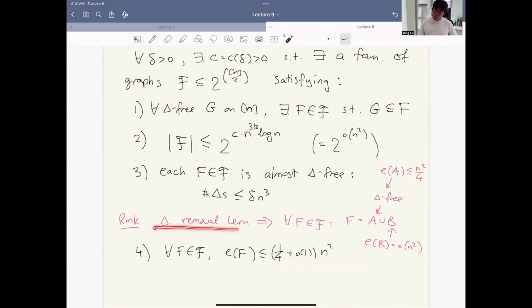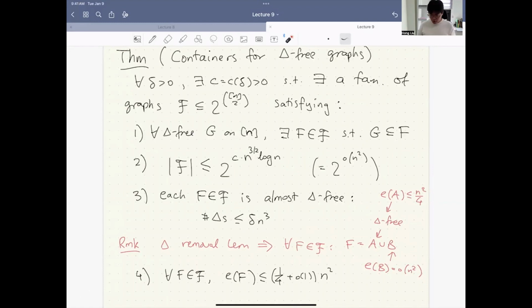If you don't know the removal lemma, I suggest you go back and look up my spring course earlier this year. But for now, you can just take it as a black box: if a graph is almost triangle-free, with little o of n cubed triangles, you can partition its edge set into two parts. A negligible amount, little o of n squared, and the remaining majority is triangle-free, which by Mantel's theorem is at most n squared over 4.